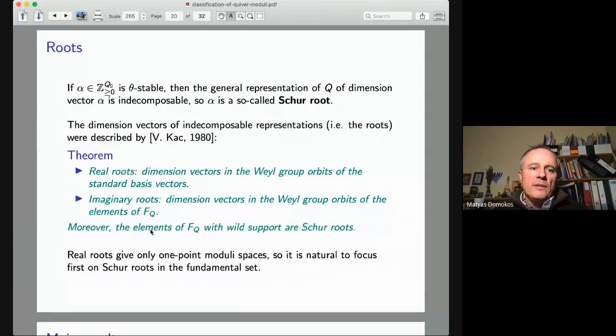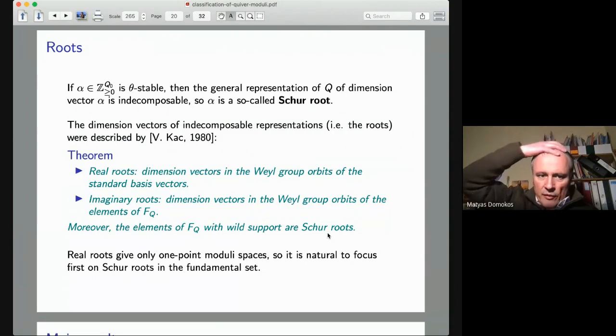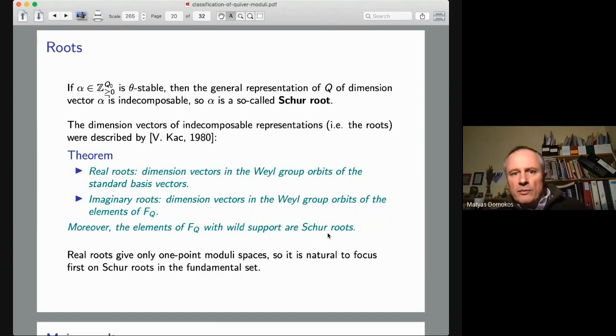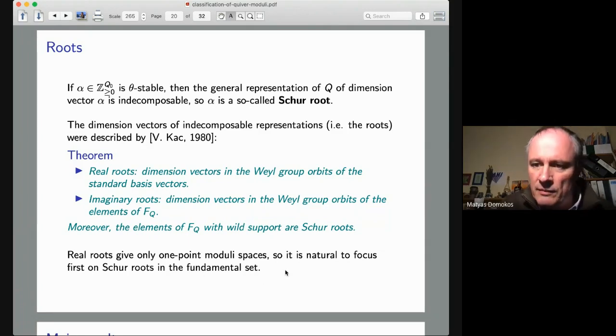Moreover, the elements of the fundamental set which have connected support are Schur roots. So the real roots give only one-point moduli spaces. And given this description of the roots and this information about Schur roots, I think it's natural to focus first on Schur roots in the fundamental set. And that's what we will do.